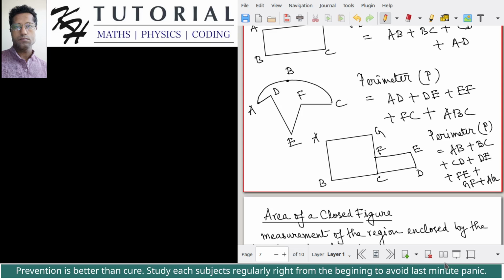So you should be very clear about what exactly the boundary of a given figure is. And what is perimeter? Perimeter is nothing but the length of the boundary.